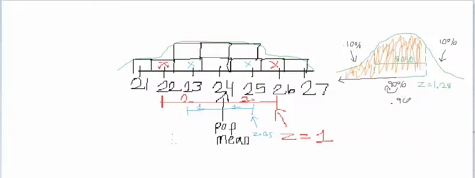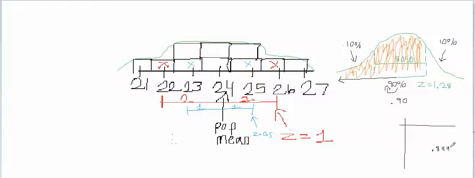What I did was I went inside the middle of the table and I found the closest decimal to 0.9 for 90%. I believe the closest one was 0.8997.